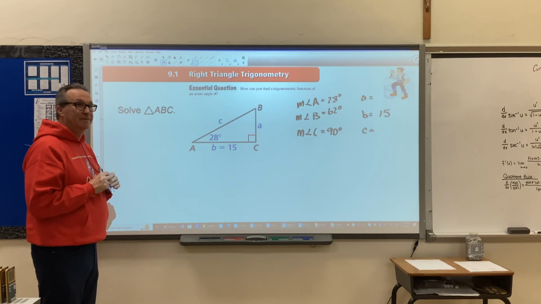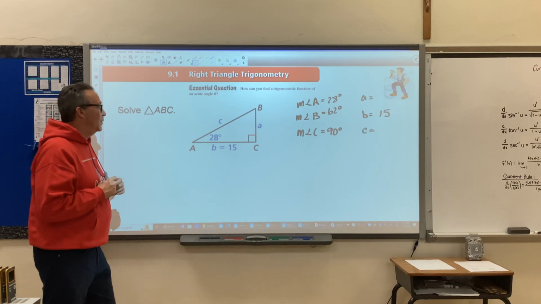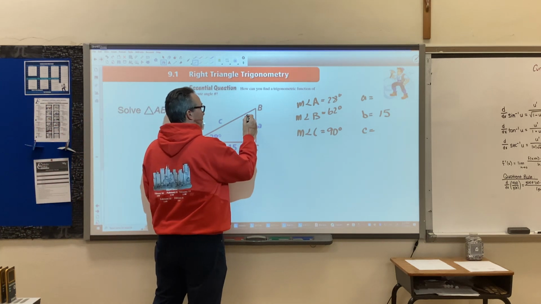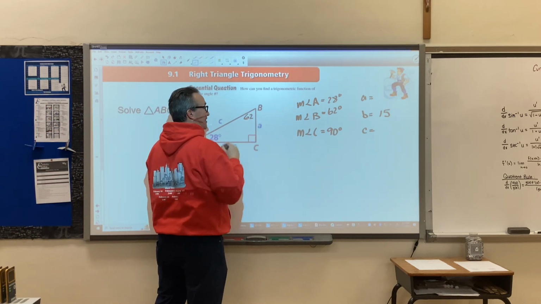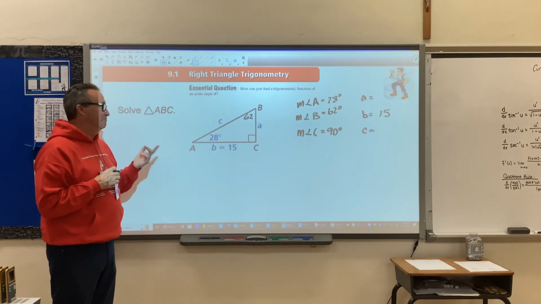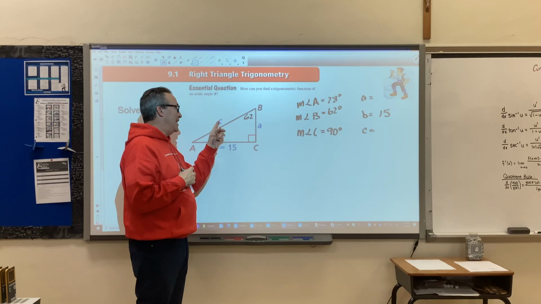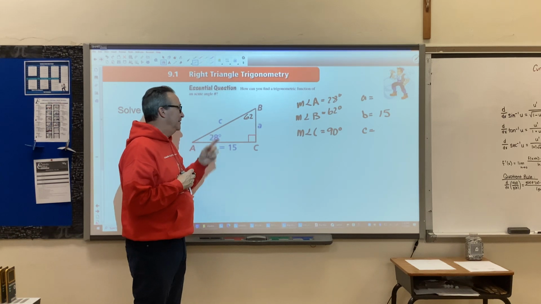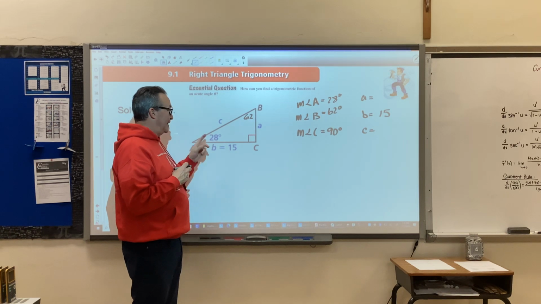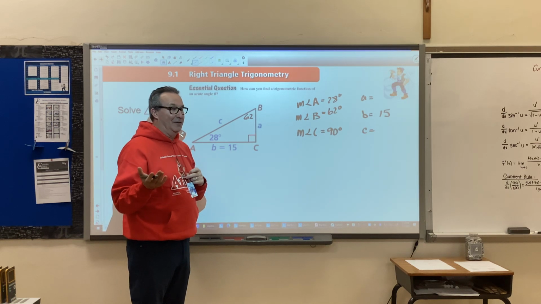Sine 62 over 15 equals sine 28 over 8. So you want to use the law of sines? That's good. Yeah, you can use the law of sines. It'll work. Sine of 62 over 15 equals the sine of 90 over C, or the sine of 28 over A. You can find both of them that way and it'll work.